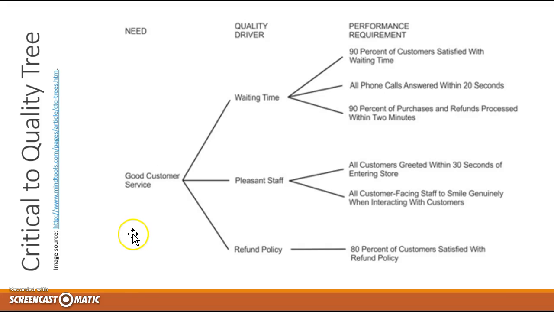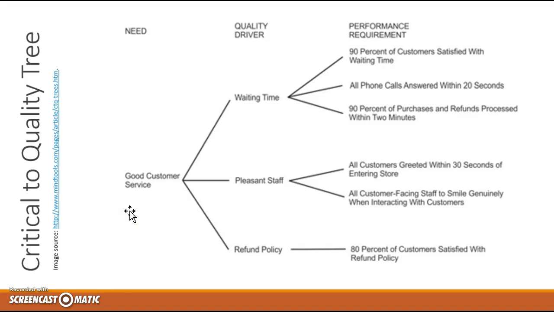The same type of analysis, CTQ tree, can be used with goods, designing goods as well. The important thing is to make sure that our customers agree that these performance requirements, these specifications, do indeed reflect the need that they've identified here.